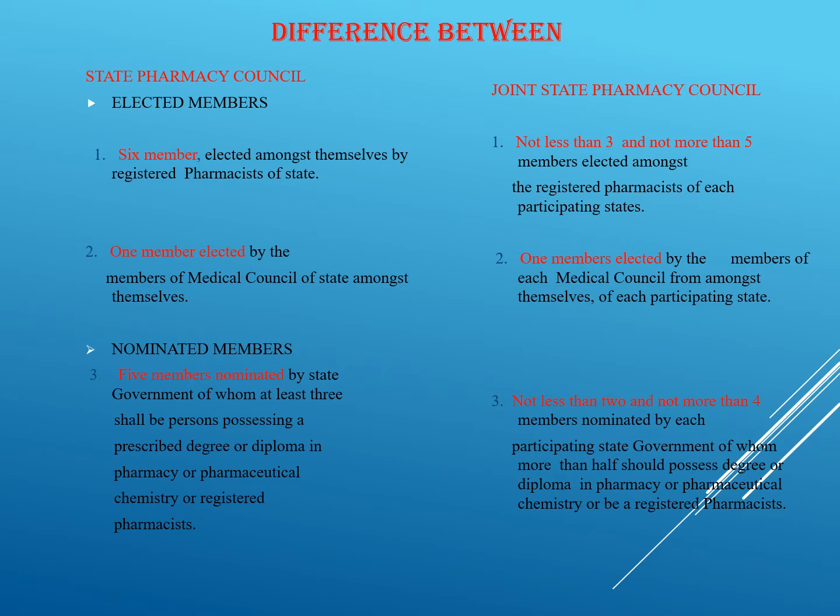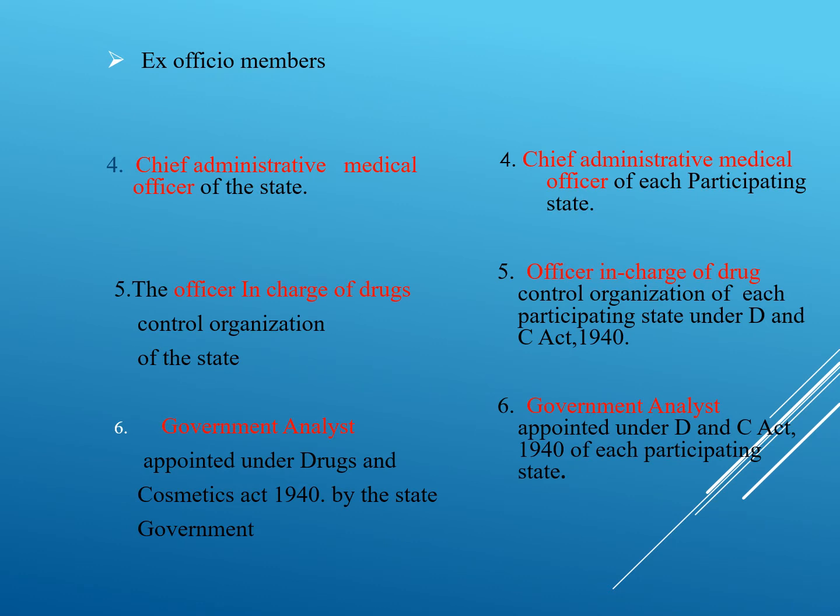Ex officio members: in State Pharmacy Council, it consists of the Chief Administrative Medical Officer of the state. In case of Joint State Pharmacy Council, the Chief Administrative Medical Officer of each participating state. In State Pharmacy Council, the officer in charge of the drug control organization of the state.